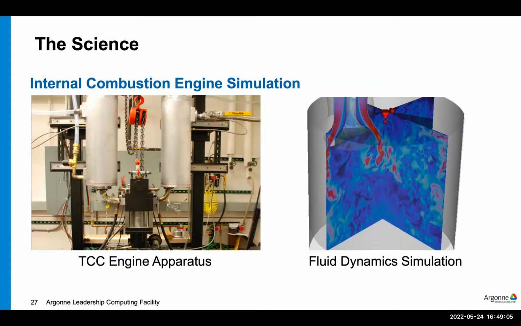And this slide in particular shows the experimental setup, which was at the University of Michigan. And the image on the right is the computational work that we did for just a specific portion of that experiment.